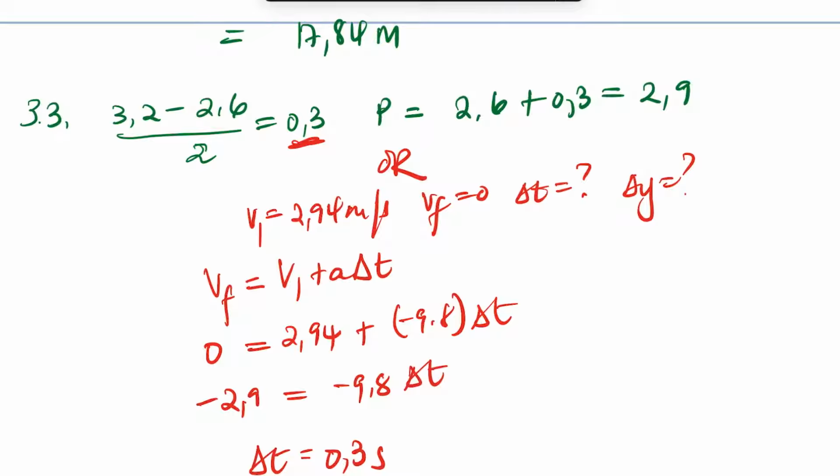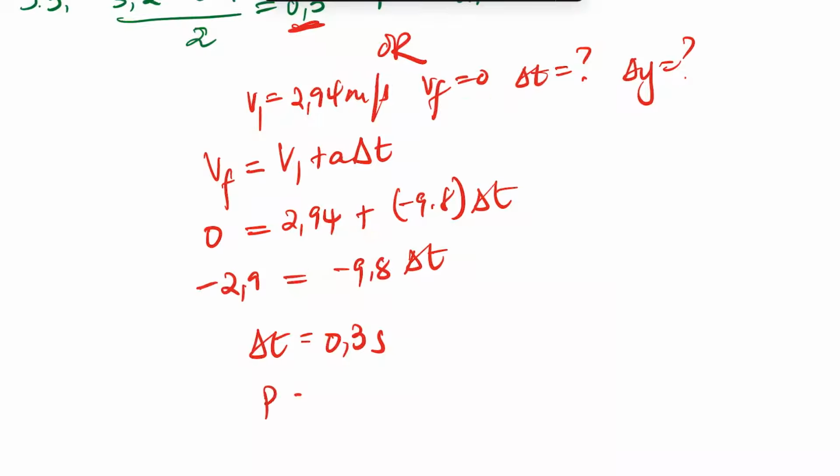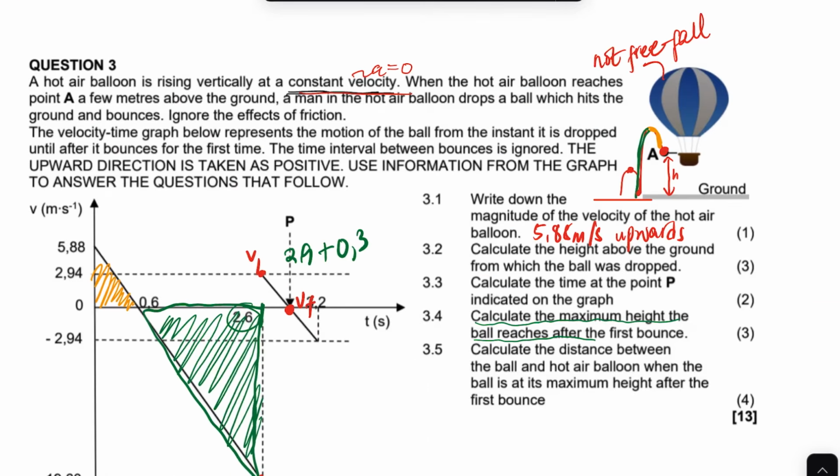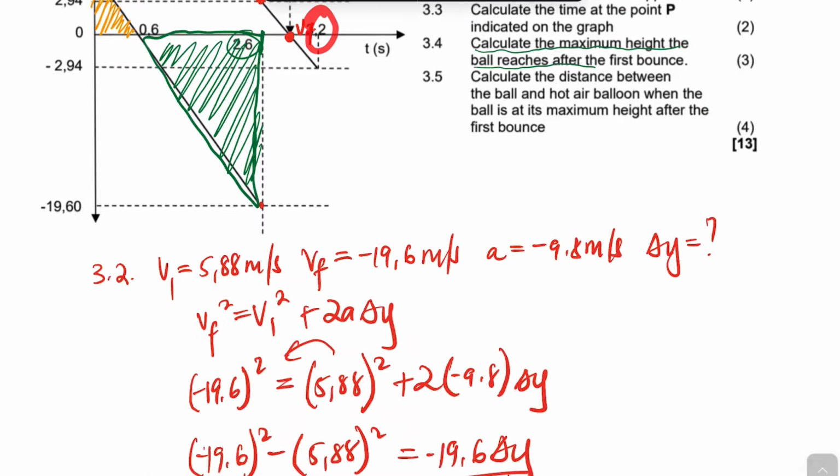So the 0.3 is the one that we got there. In order to get the time at P, we're going to say 2.6 plus 0.3, it's going to be 2.9 seconds, right? The time from the beginning, from here to here, is 2.9. But to there, we add another 0.3.